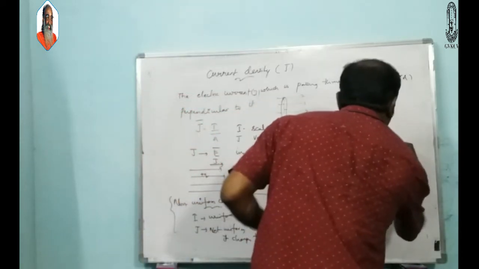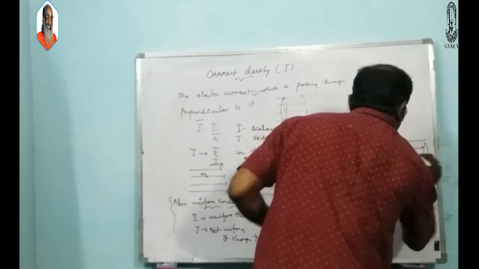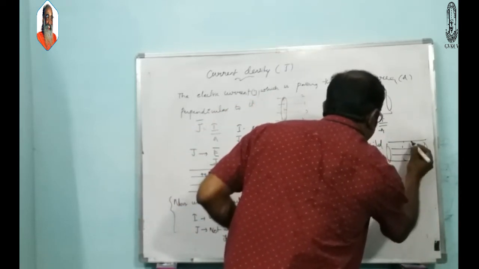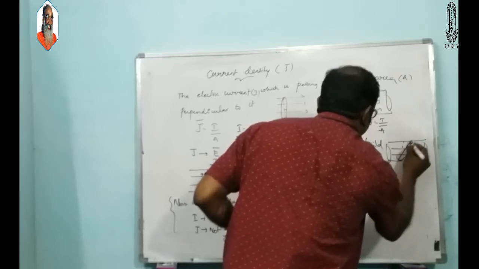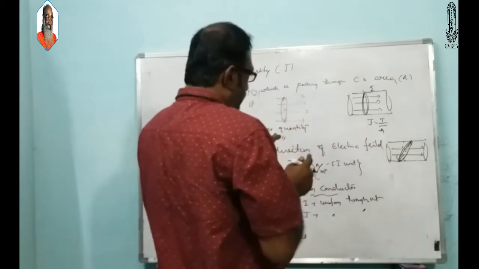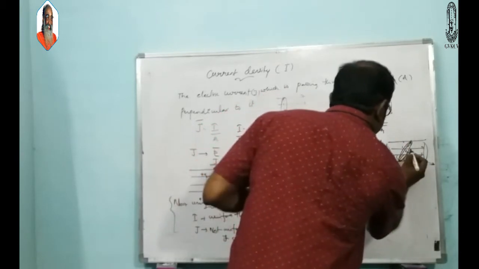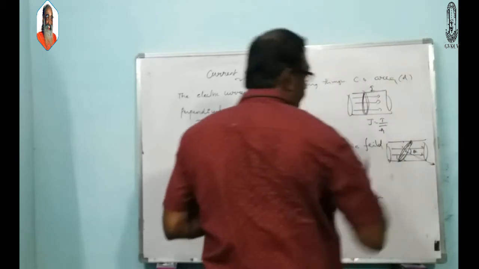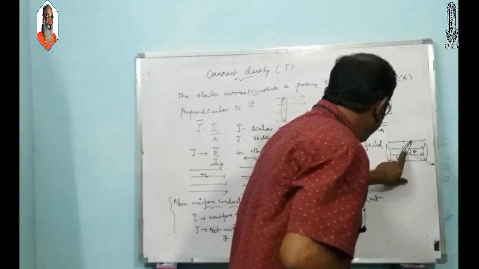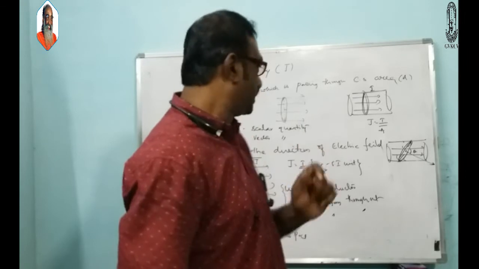How can you show it in the form of a diagram? If this is the direction of the current, actually the area should be like this, but now it is inclined at an angle. Here this is the normal to the surface, and it is making some angle with the direction of the current. So this theta is the angle made by the normal to the surface with the direction of flow.